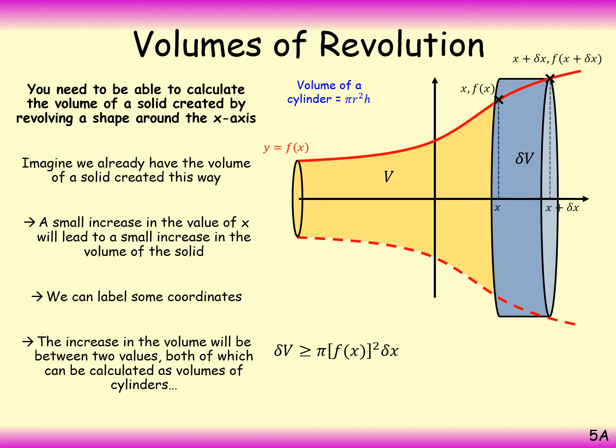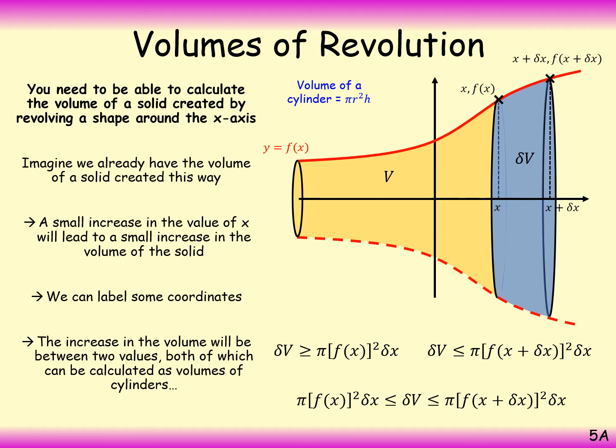And if we take it from there to there, then we know that delta x and then f(x plus delta x). So this time delta V is going to be less than or equal to pi f(x plus delta x) squared delta x. So it's actually between these two values.